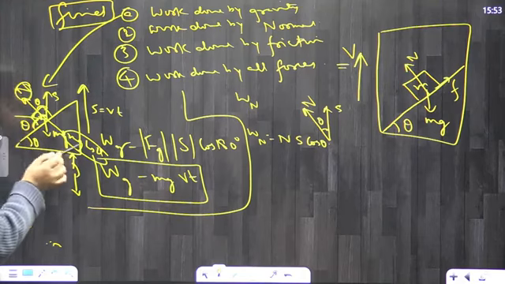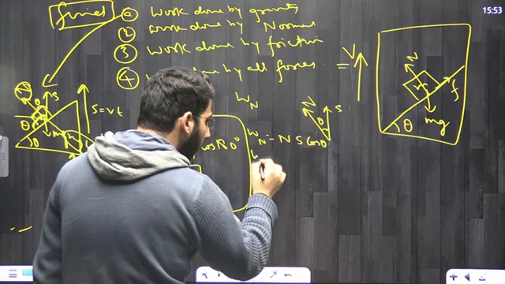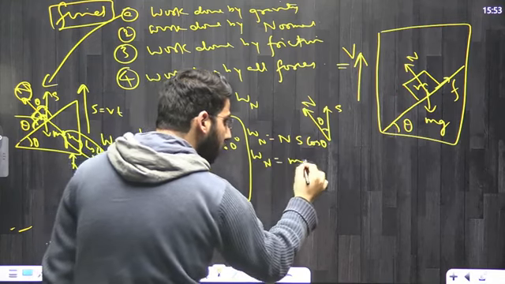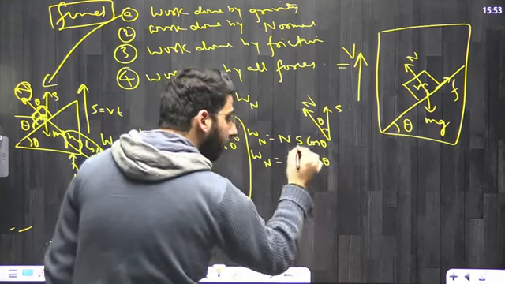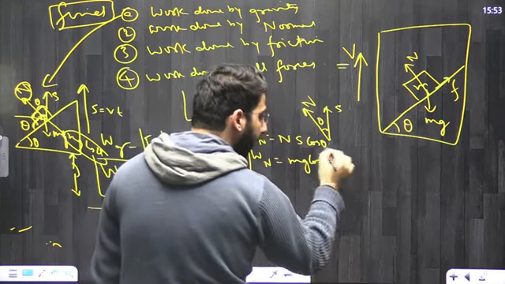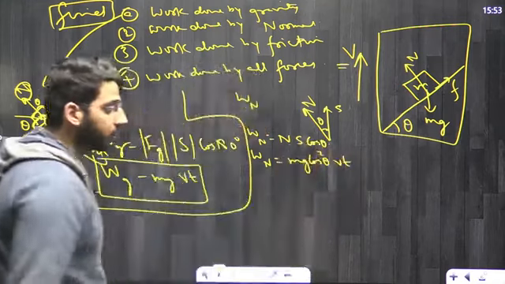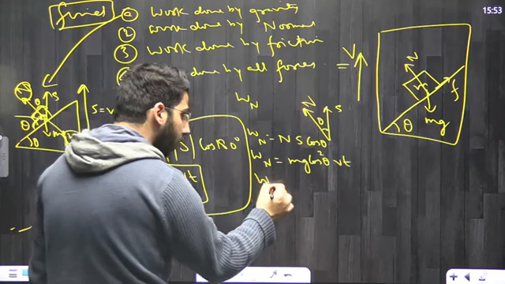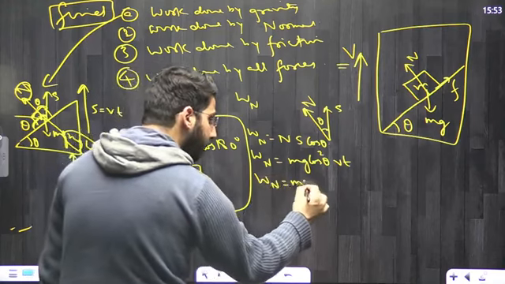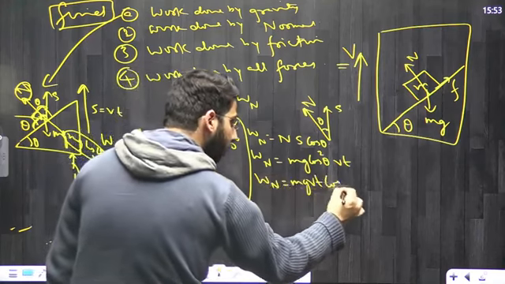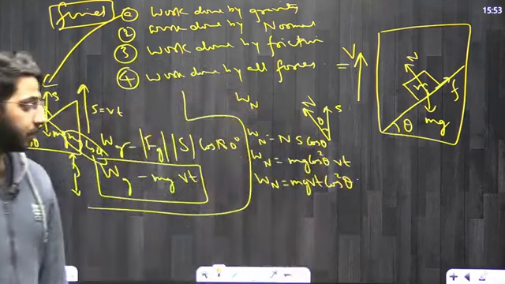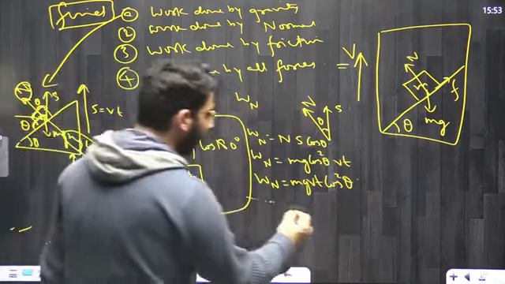So N should be equal to mg cos theta. So I can write work done by normal is equal to mg cos theta, and displacement you already know is vt, and then again cos theta, that will make it cos square theta. So work done by normal is mgvt cos square theta.